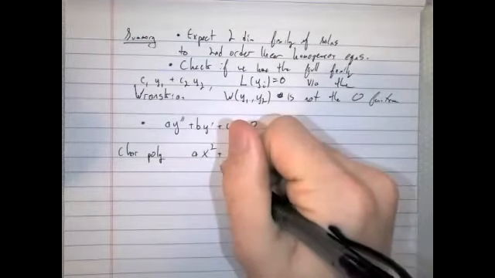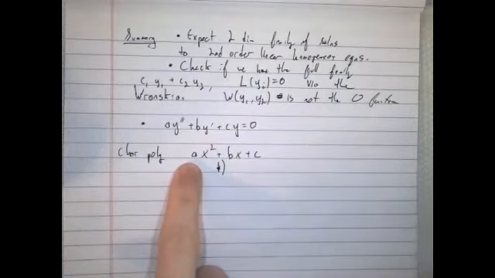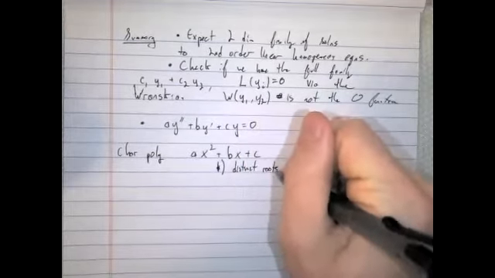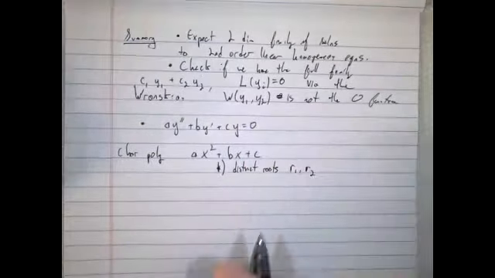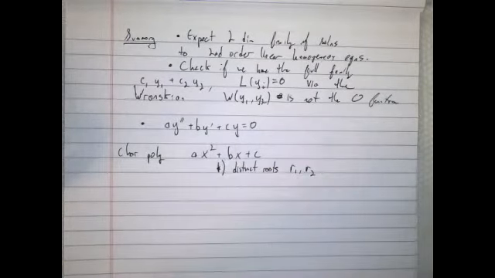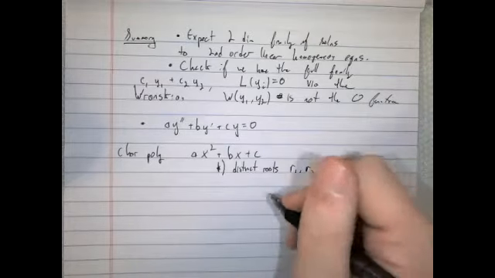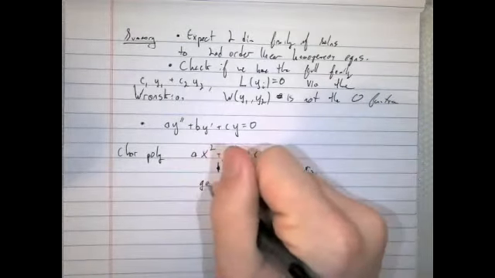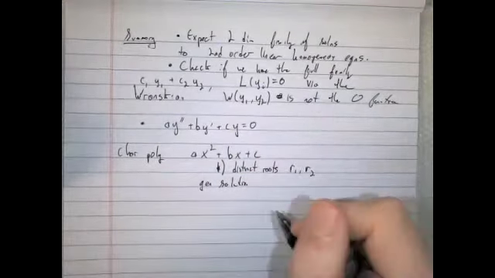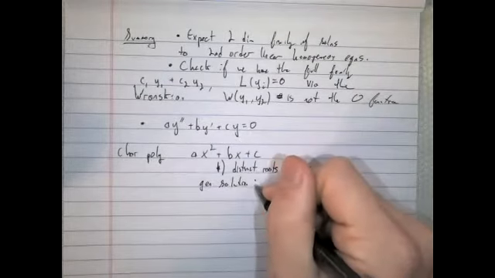So there are three cases. Part one, what if this polynomial has two distinct roots, say r1 and r2? Then what do we expect for the solutions to this differential equation? It would become C1 times e to r1 t, plus C2 e to the power of r2 t.